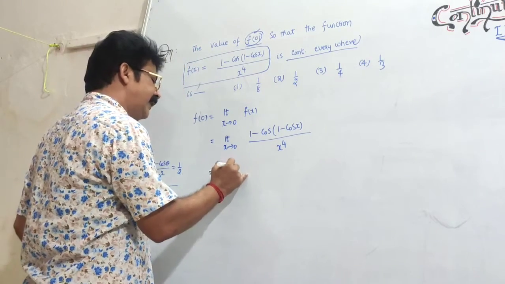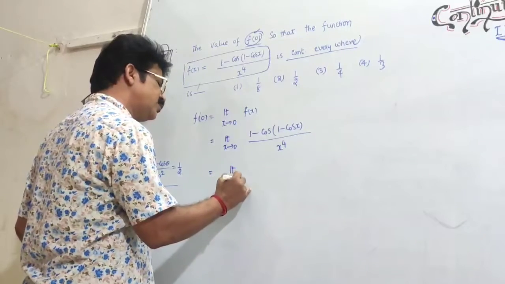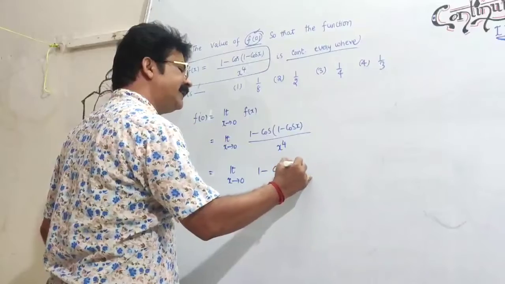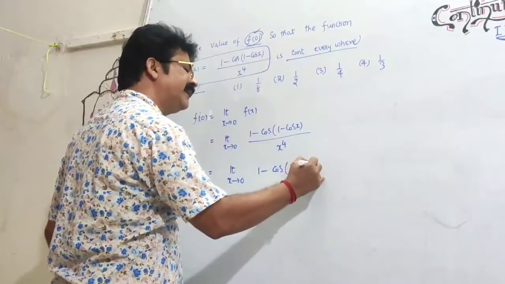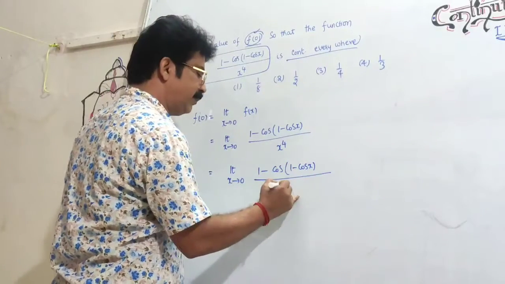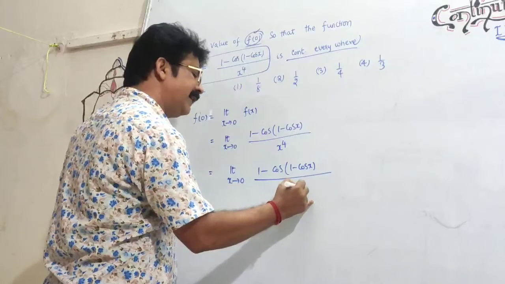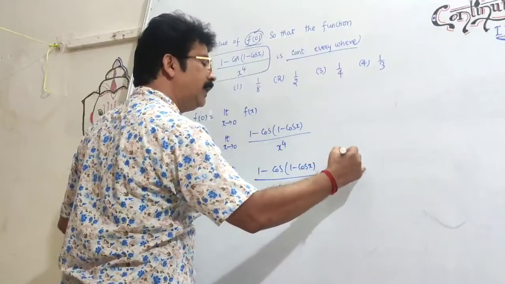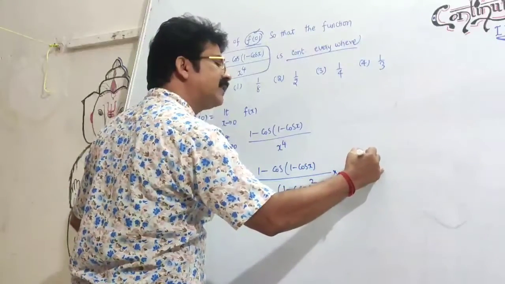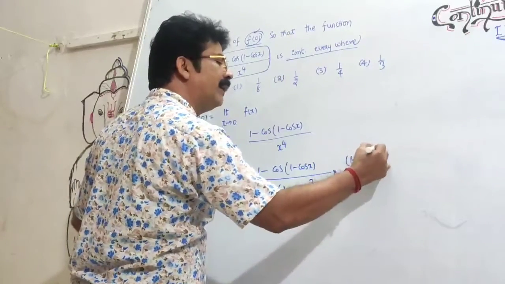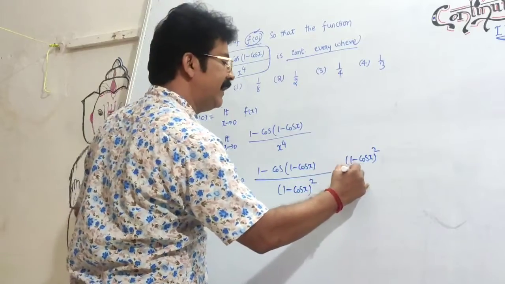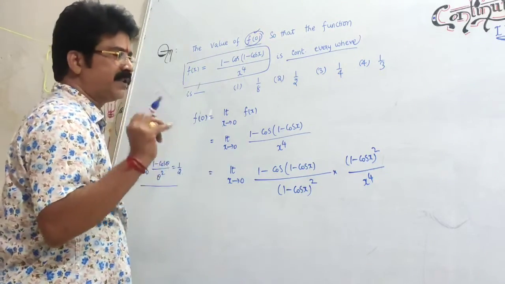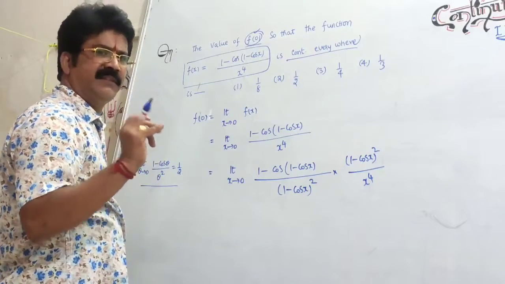So, for limit x tends to 0, 1 minus cos of theta, in the place of theta, 1 minus cos x is there. Therefore, divide by (1 minus cos x) whole square, into (1 minus cos x) whole square, then no loss of generality, divided by x to the power of 4. This is the simplest, easy method.